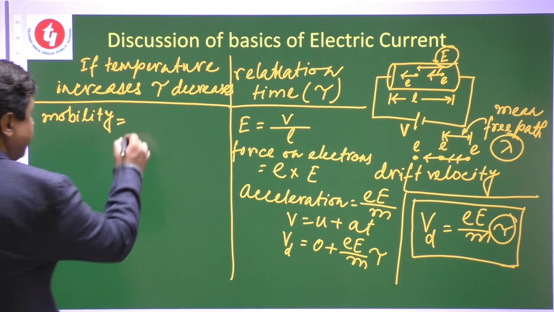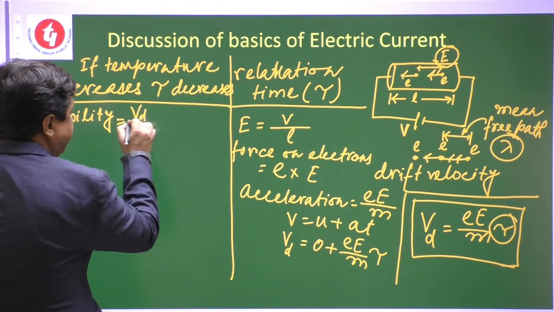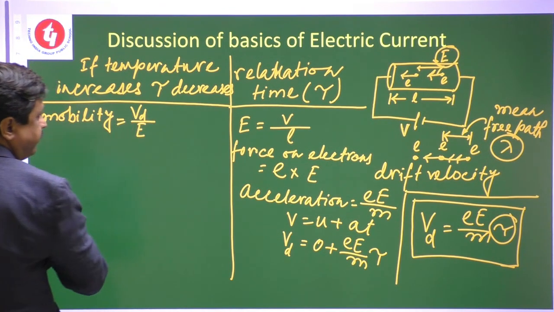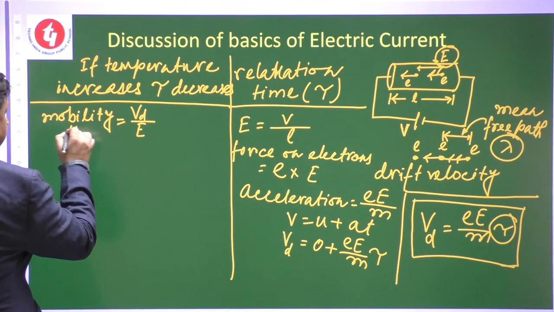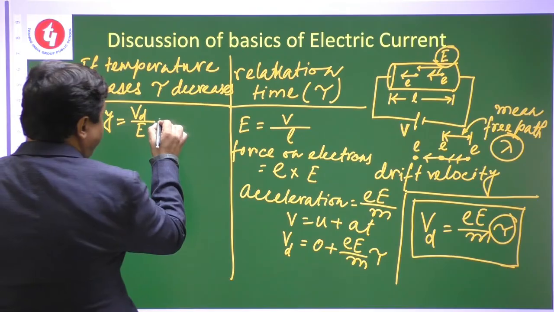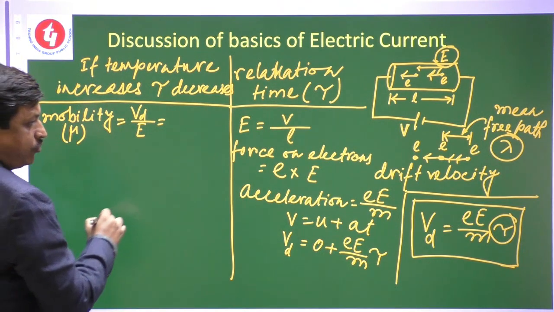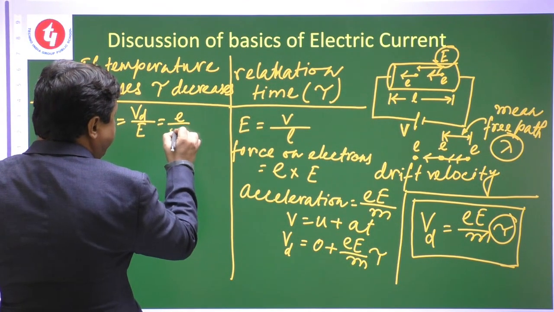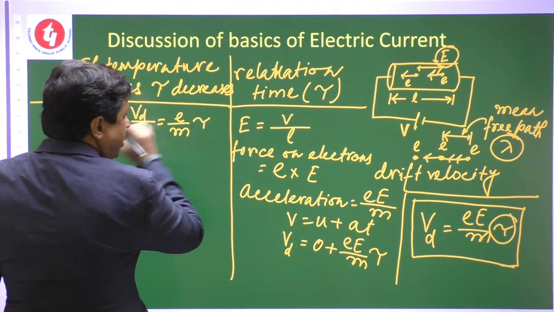That means drift velocity by E is called mobility, denoted by mu. Then what is the value of mobility? Obviously mobility is e by m into tau.